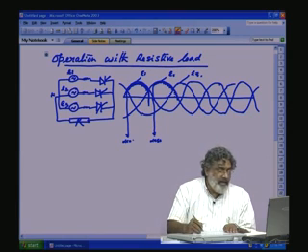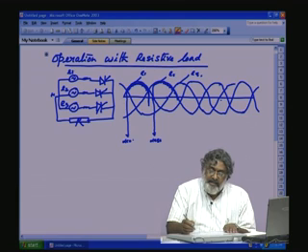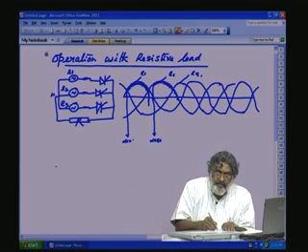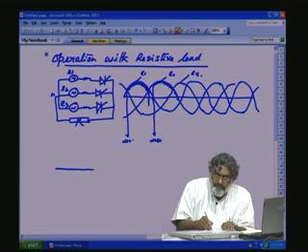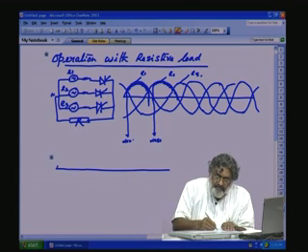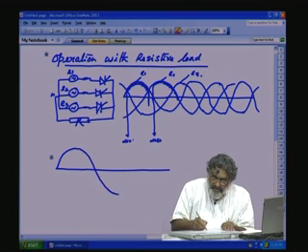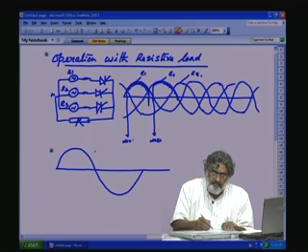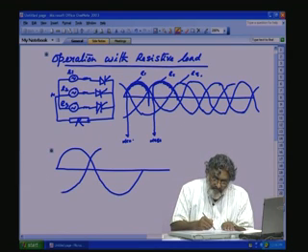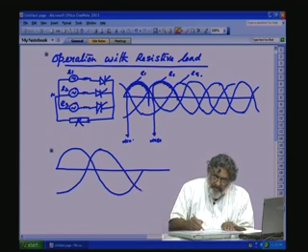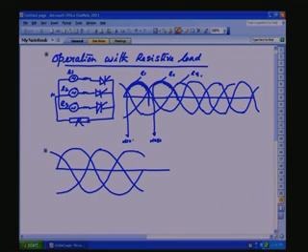Now, let us take alpha more than 30 degree. I will again redraw for clarity. This is our A phase, this is our B phase, alpha more than 30 degree, let us take at this portion.